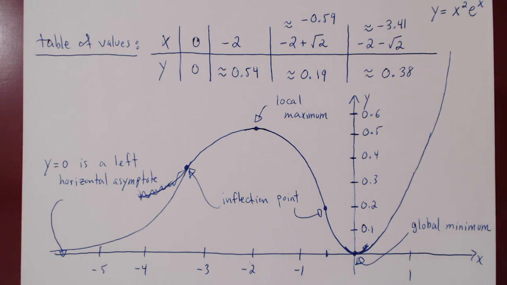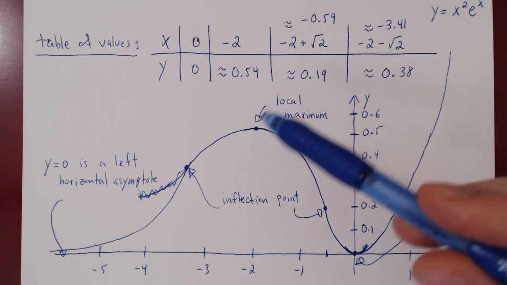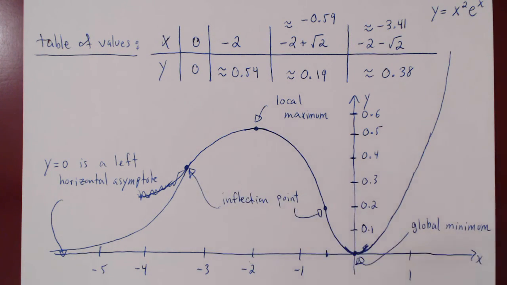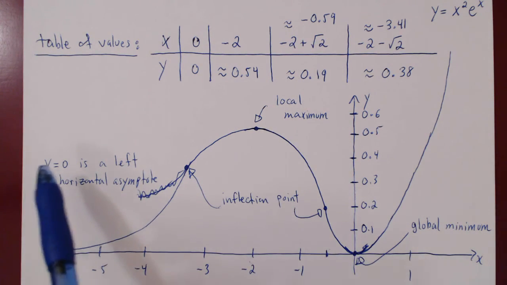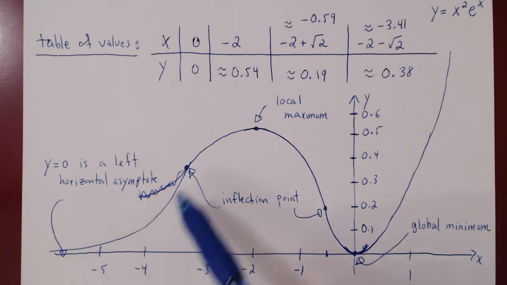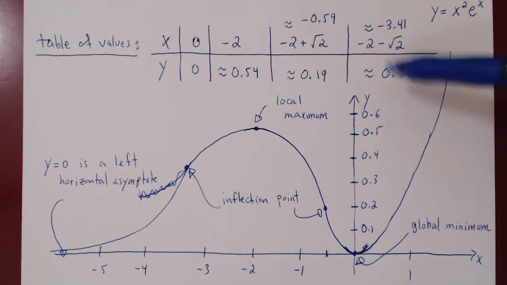Once again, I don't think you could have guessed that the graph of x squared e to the x would look like this, with a global min, a local max here, 2 inflection points, and a left horizontal asymptote of y equals 0. We have again a highly non-trivial graph, but with the help of our first two derivatives, it wasn't too bad.